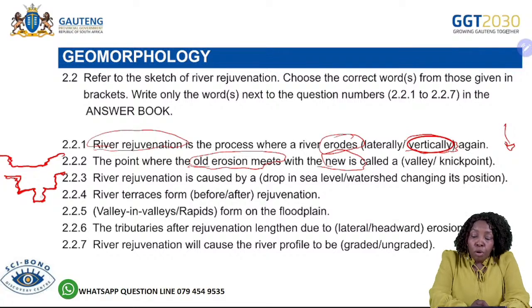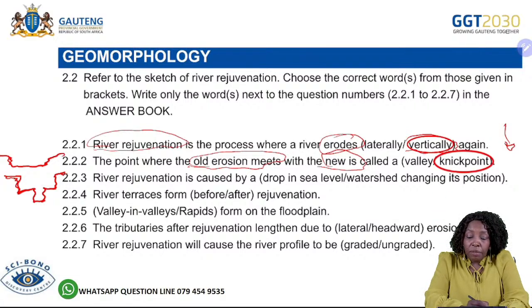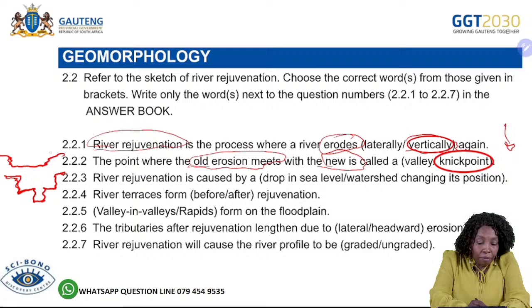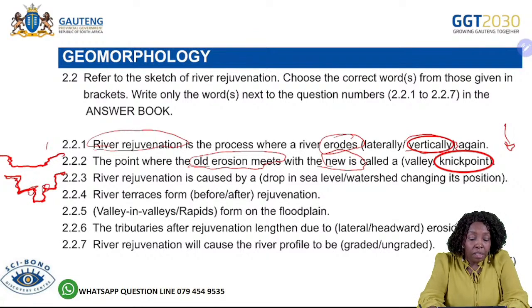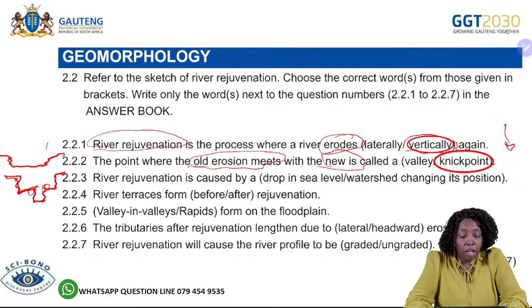So is it a nick point or a valley? We already have a valley from the first diagram, but now we see the development of these uneven surfaces within the river valley, and those ones we term the nick points.